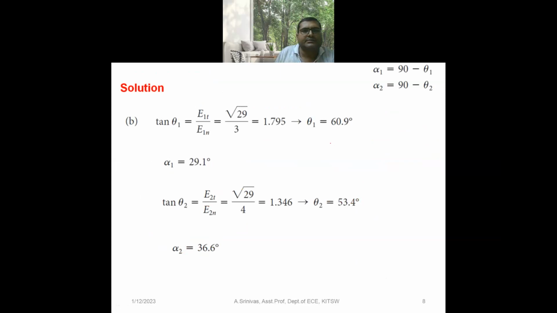The angle made by electric fields, by applying the property of triangles, you will get theta 1. Theta is the angle made by electric field with respect to normal, and the angle made by electric field with respect to tangential component or with respect to boundary is alpha.